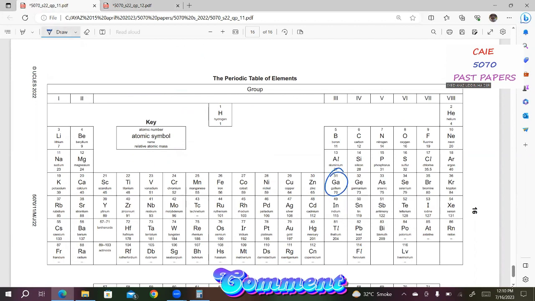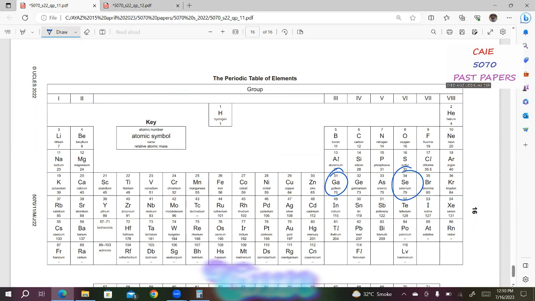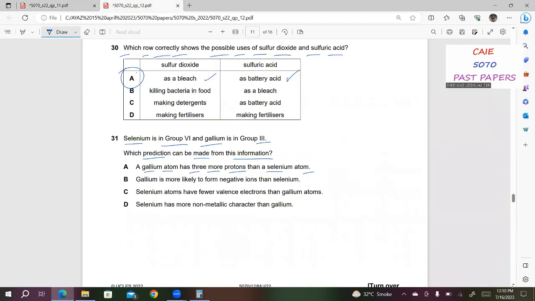Proton number is 31. Selenium, group 6, proton number is 34. So I'm writing group 3, group 6. And proton number is 34 for selenium, and for gallium, it's 31. So gallium atom has 3 more protons than selenium.